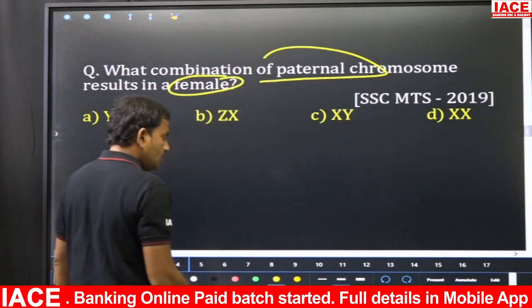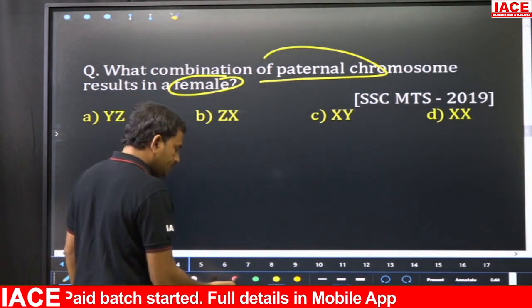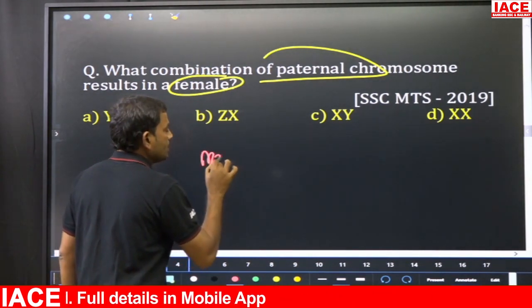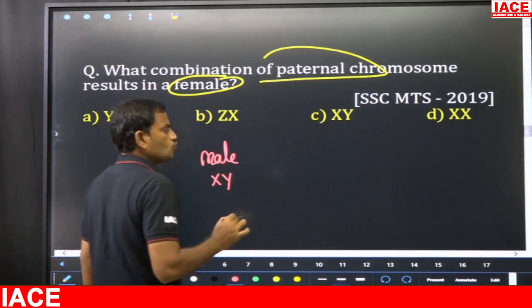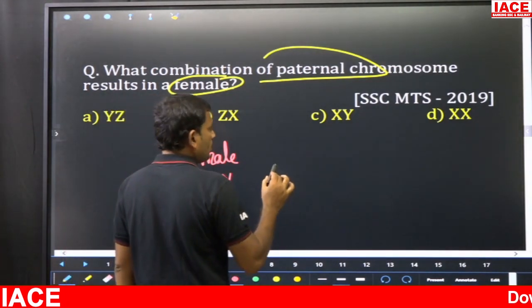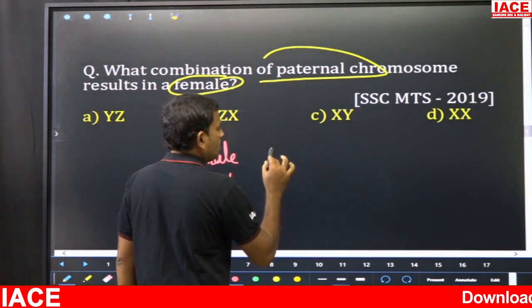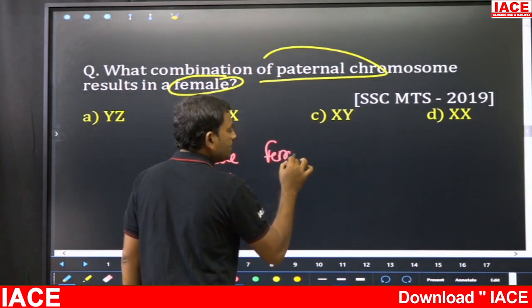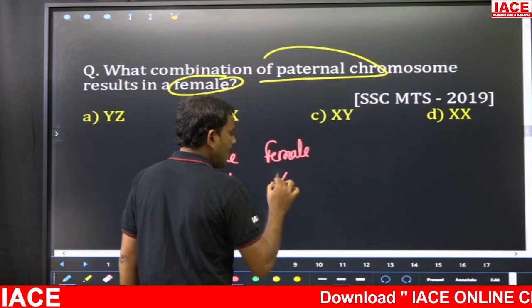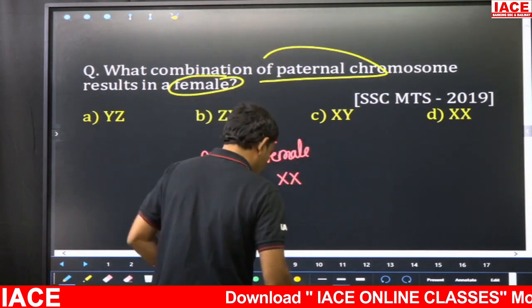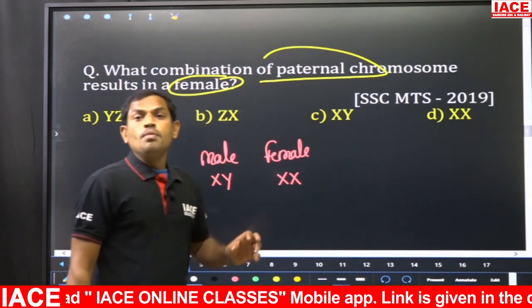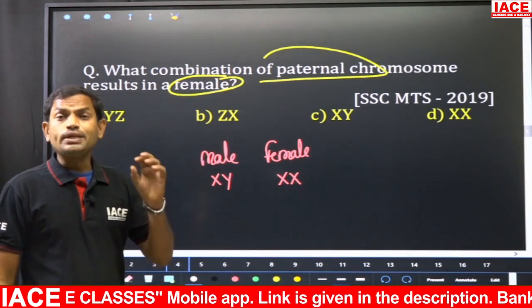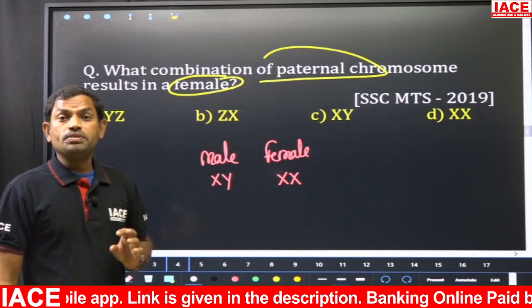We know that in human beings, generally the male can be represented with XY, the chromosomal constitution, and the female can be denoted with XX. In human beings there are a total of 46 chromosomes, or 23 pairs.